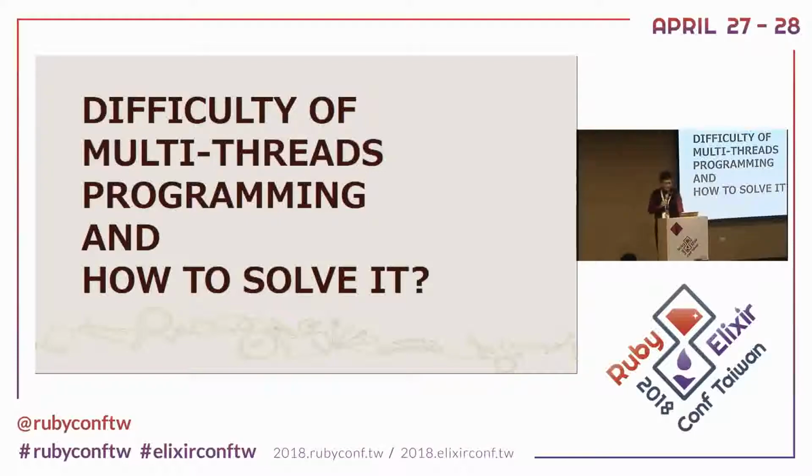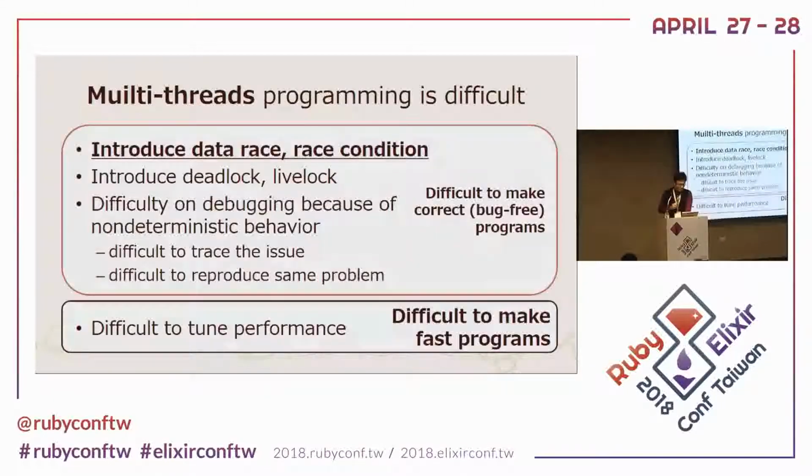I want to explain why thread programming is difficult. There are many reasons: data race or race condition, deadlock, livelock, and difficulty of debugging. The first part is that it is difficult to make correct, thread-safe programs.